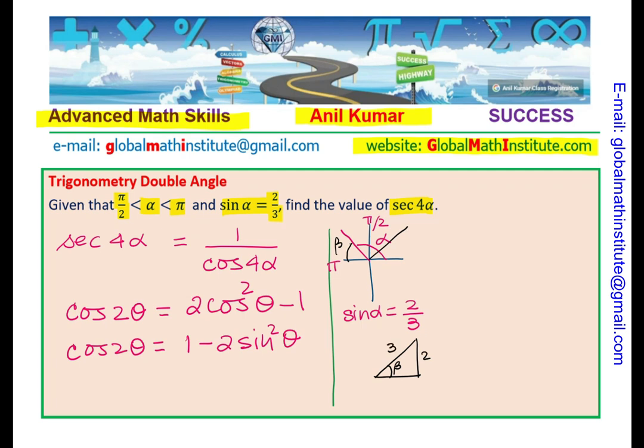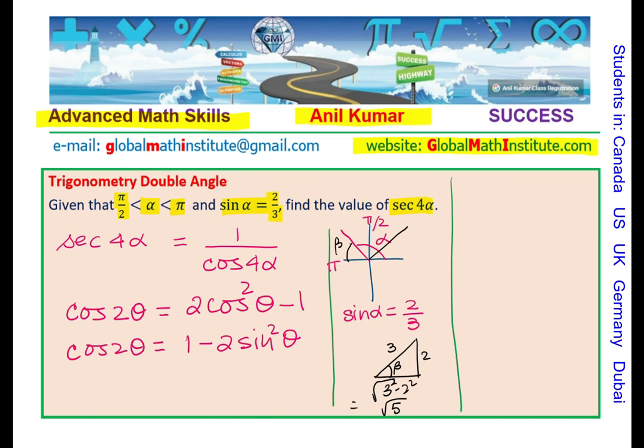So the adjacent side will be square root of 3 square minus 2 square, correct? 9 minus 4, which is equal to square root of 5. So we have found that the adjacent side will be square root of 5. And that really means that we got the value of cos alpha also, right?